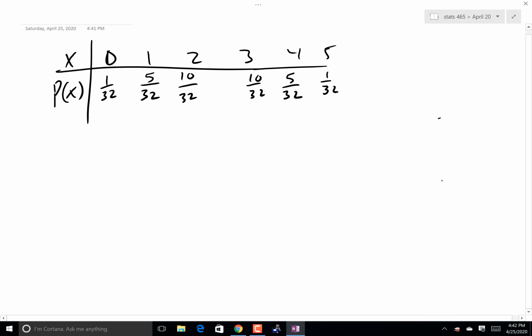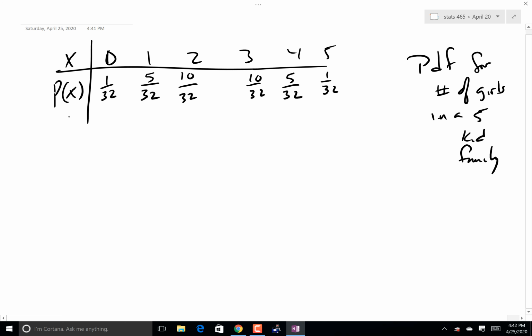This is a PDF for the number of girls you'll have in a 5-kid family. The CDF for this, the probability that X is less than or equal to x, the way the big kids write it, would be 1 out of 32.